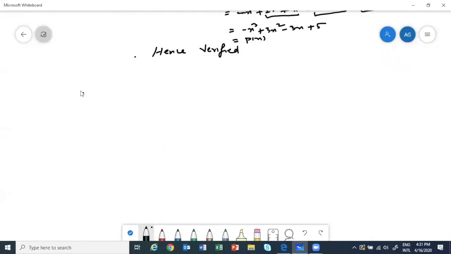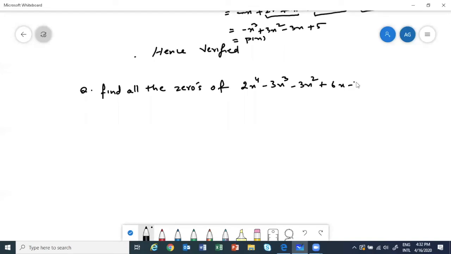See, the question is: find all the zeros of 2x power 4 minus 3x cube minus 3x square plus 6x minus 2.